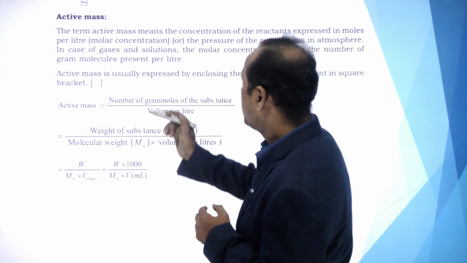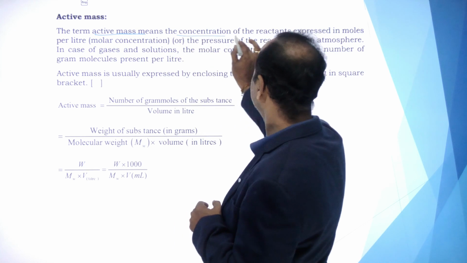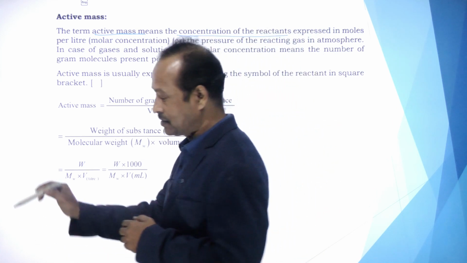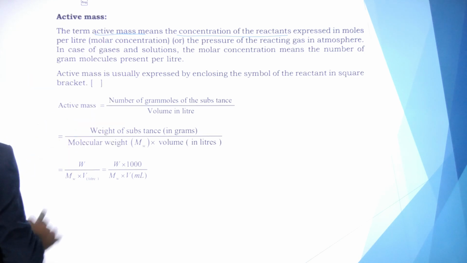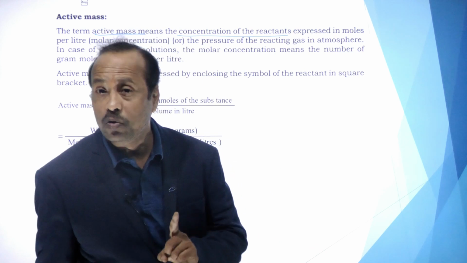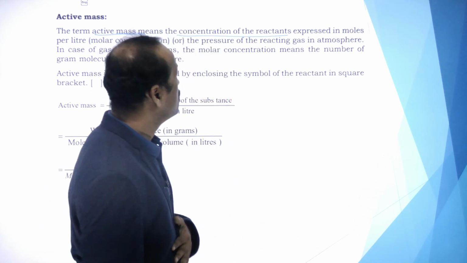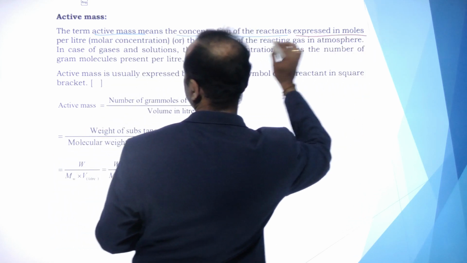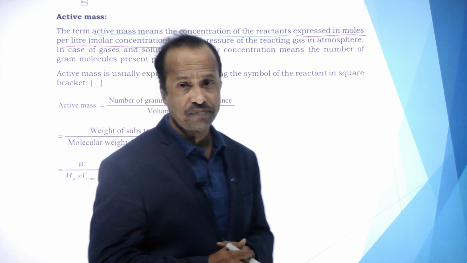Okay, so the term active mass means the concentration of the reactants. And the concentration of the reactants is expressed in terms of what? Moles per liter. That's called molar concentration.